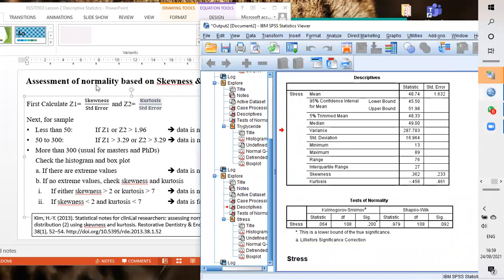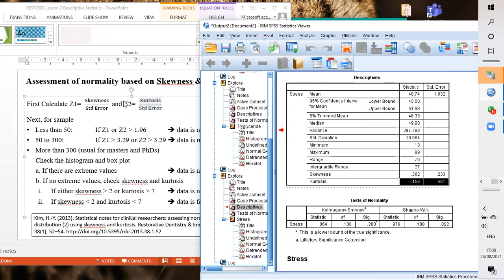Now okay. So look at the equation here, Z1. What is Z1? Skewness over standard error. That's your skewness, and this column is the standard error. Find the ratio between the two, let's call it Z1. Do the same for kurtosis, let's call it Z2. It doesn't matter whether positive or negative.